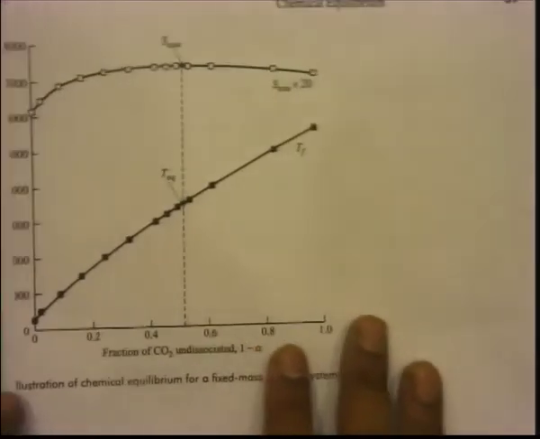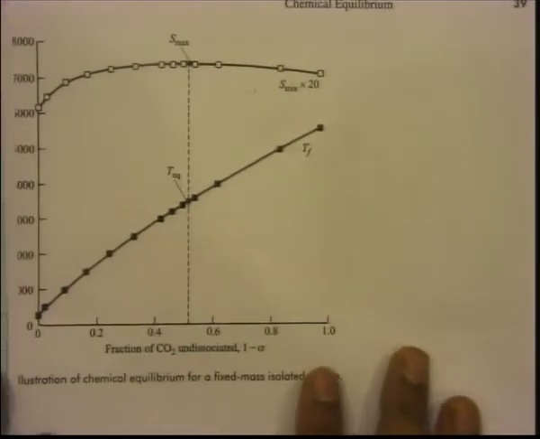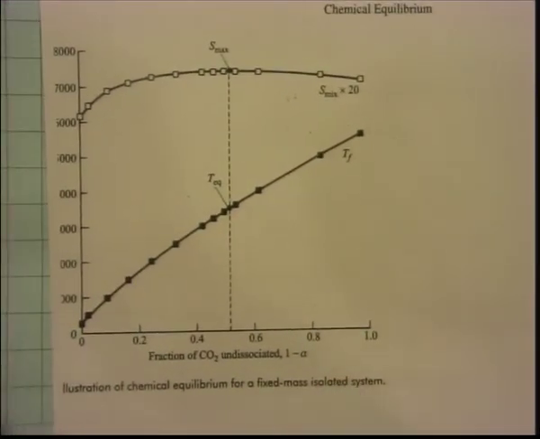I think this is big enough. Yeah, this is good. So, if you calculate the entropy of the products, for example, and plot it as a fraction of CO2 that is dissociated or undissociated, that means either you plot alpha or 1 minus alpha, then you can get an idea of the product entropy as a function of the dissociation fraction.